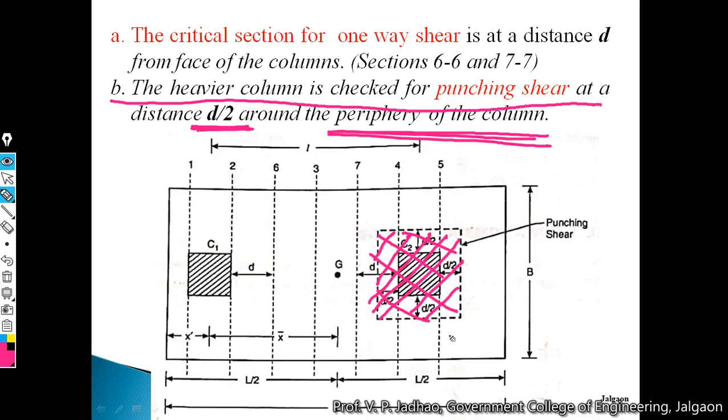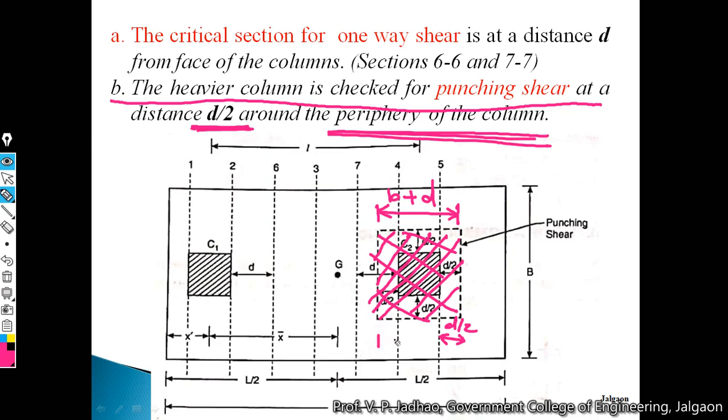The critical section is at a distance small d by 2, therefore this complete distance will be equal to b plus d. Why d?